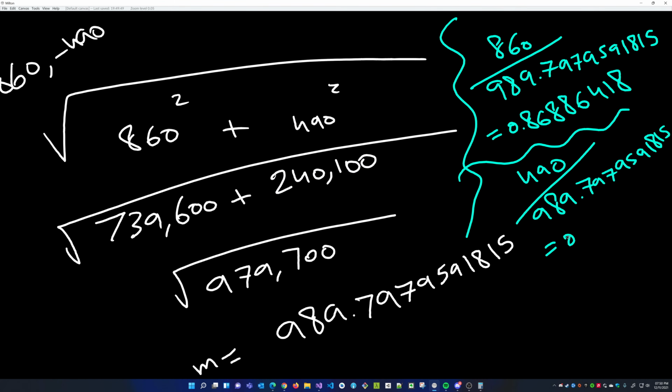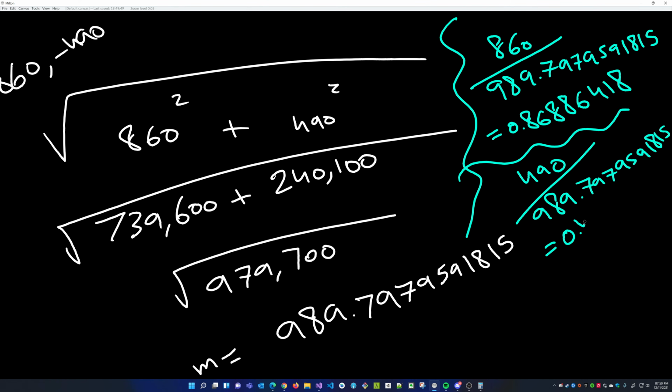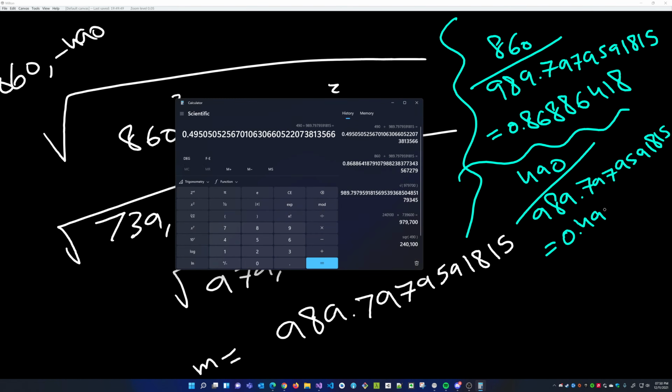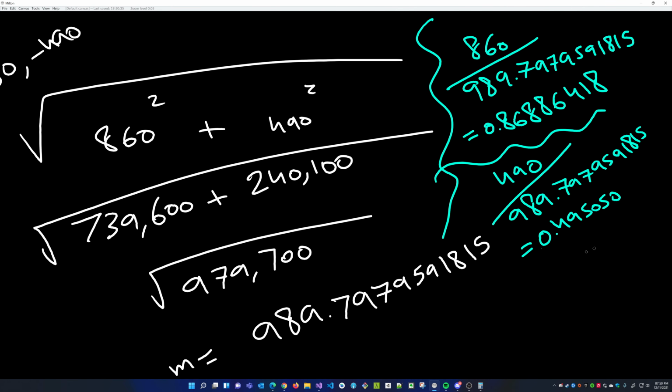That gives me 0.495050, right? And so the reason I know this is wrong is because if I add these two values... Oh, no, I didn't do anything wrong. Okay, so this is the y-axis normalized, and this is the x-axis normalized.